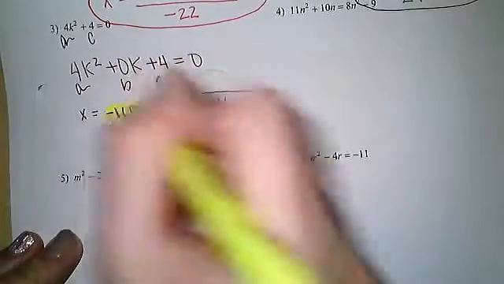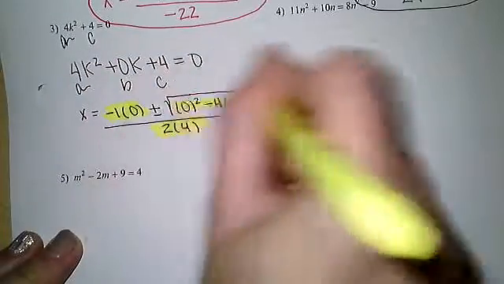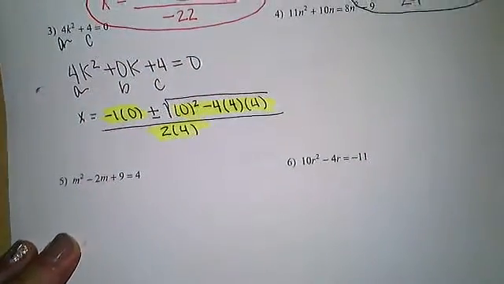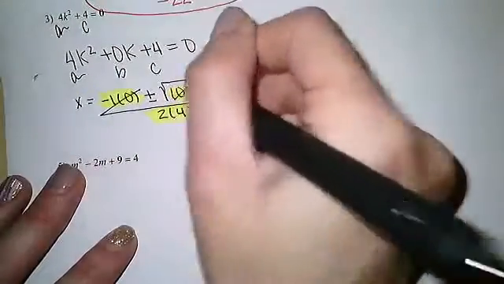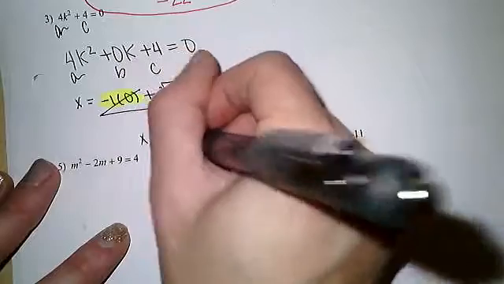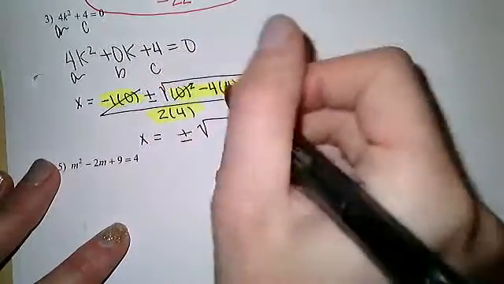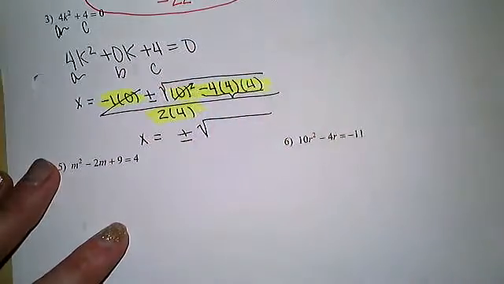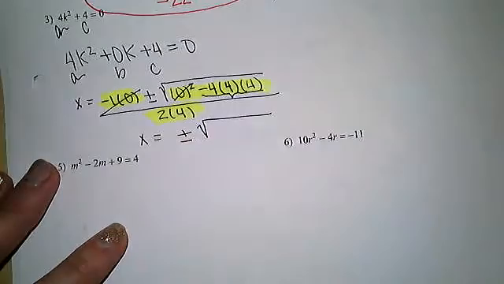I know that this one's going to cancel. Really, I just have to work out some other stuff. That cancels. Technically 0 squared is just 0 too. So I have my square root sign. If you're doing PEMDAS, you could just multiply these three together, or even in your calculator.